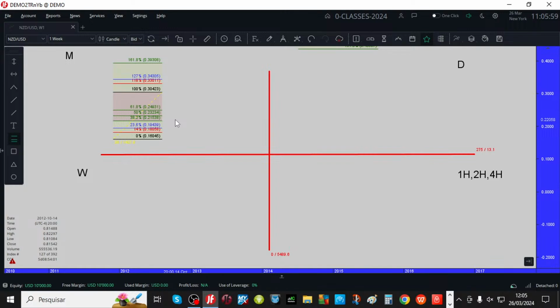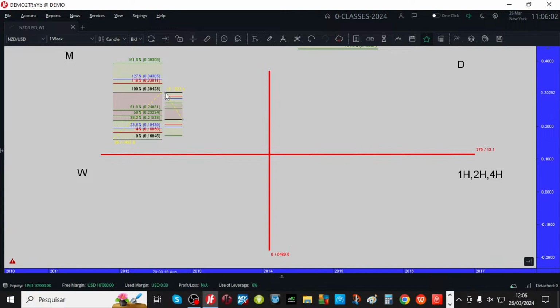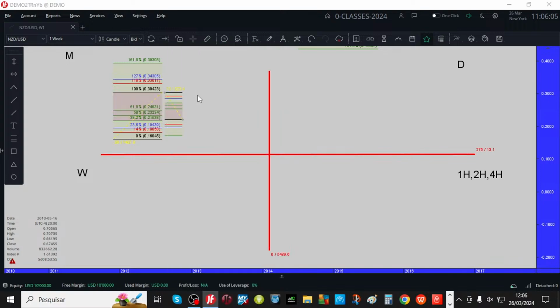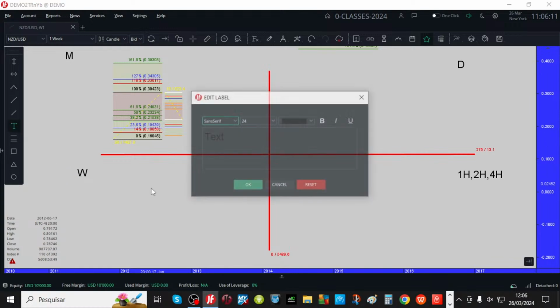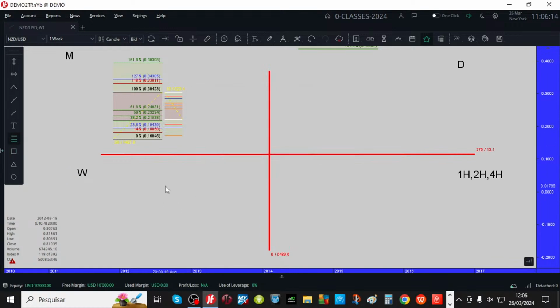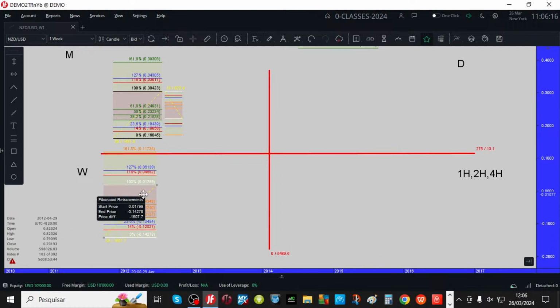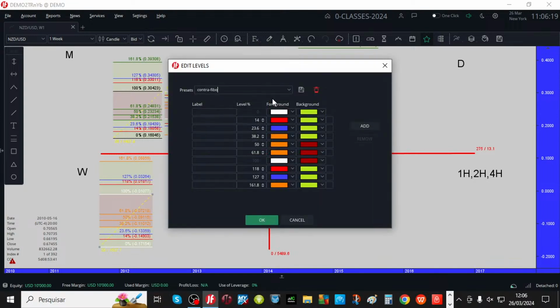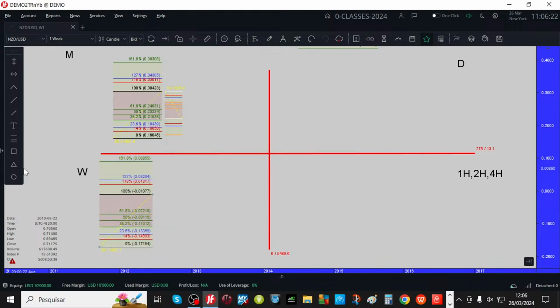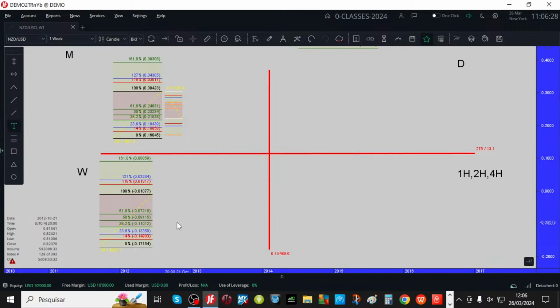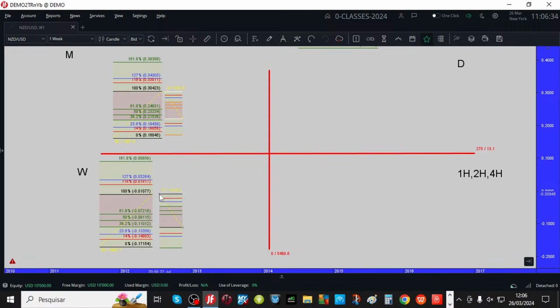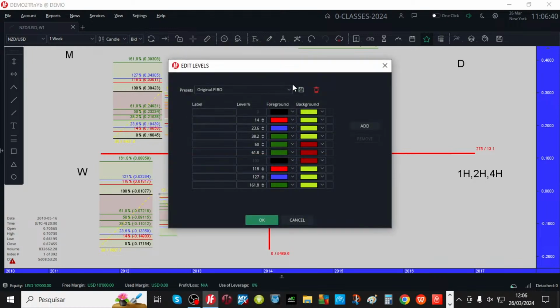And we have the contrarian, right, without the confirmed C. This is the issue. Then on the weekly, we are going to have an up Fibonacci original one, edit levels, original, with the contrarian without the confirmed C, a bit slower, smaller, edit levels.